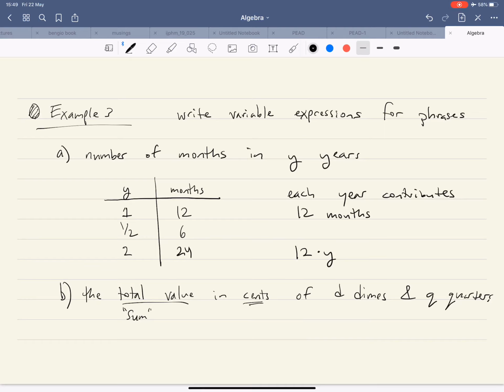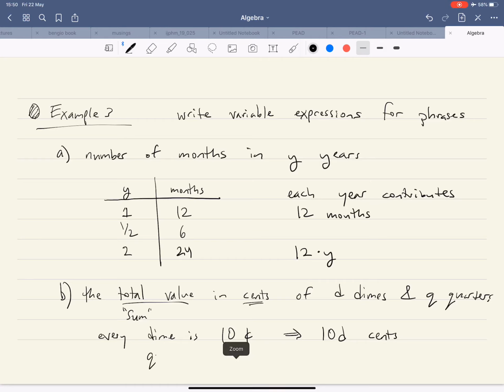Well, every dime is 10 cents. So that means that I've got 10D, right? D is my number of dimes, and that is the number of cents that the dimes contribute.